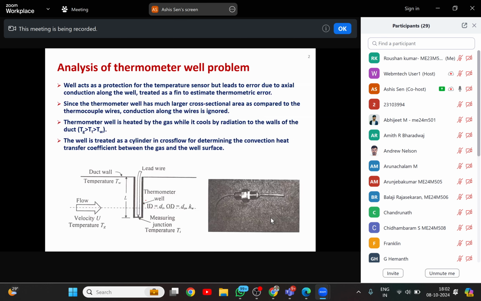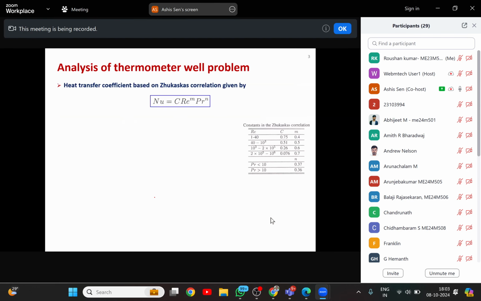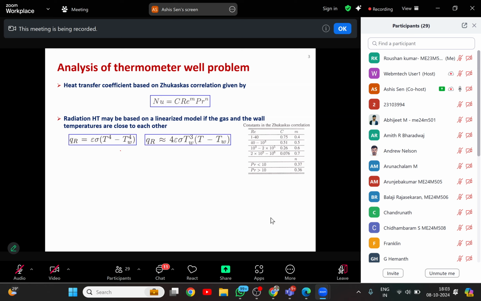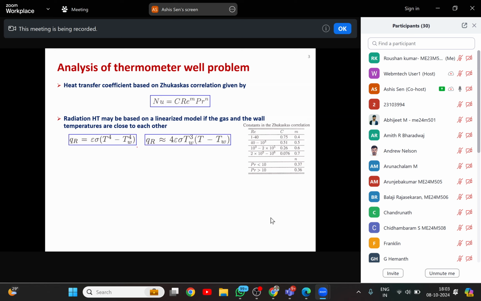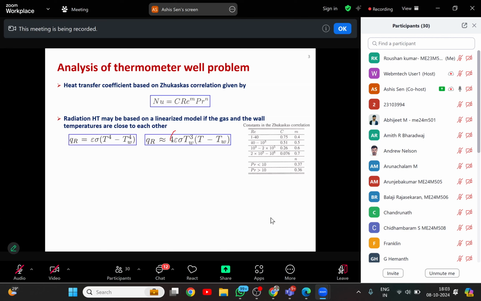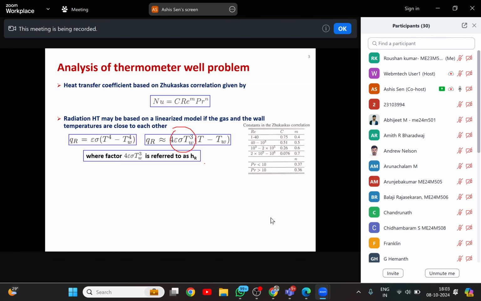And this is the tube temperature, the tube wall temperature. We can linearize this using an approximation: you take TW to the power 3 common and you get T minus TW. This is called the radiation heat transfer coefficient, HR.